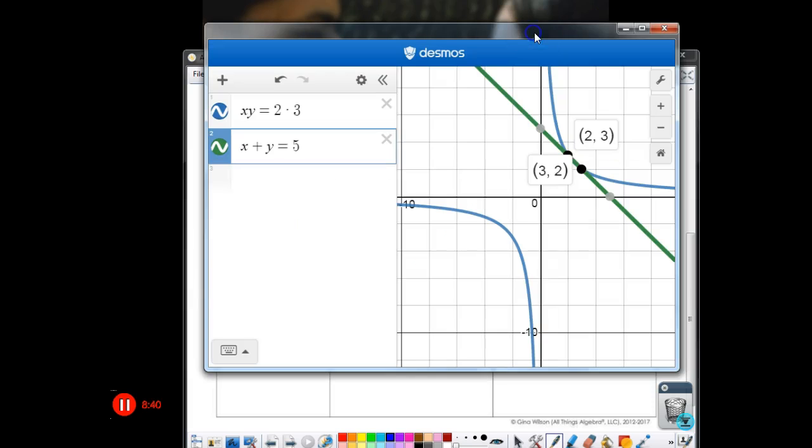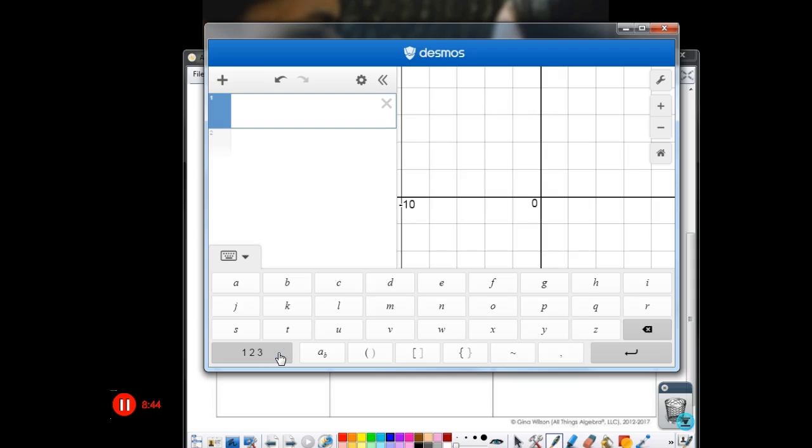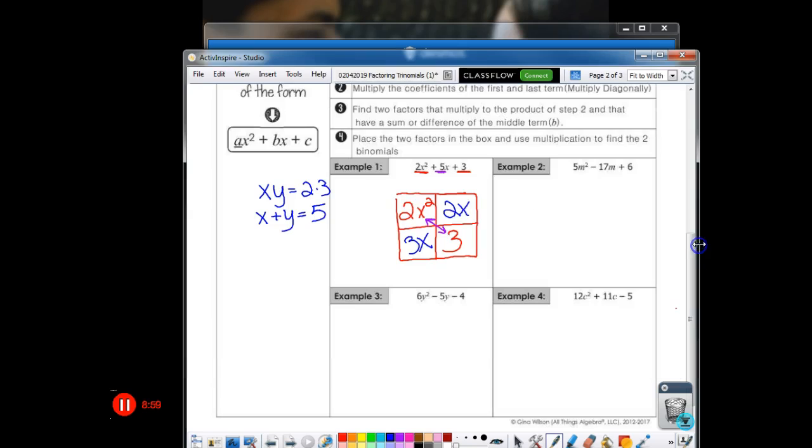So the GCF of 2 and 2 is 2, right? 2 and 2 is 2, and then 2 and 3 is 1, okay? So we got 2 and 2 was 2, and 2 and 3 was 1. So this is going to be the 1x, and this is going to be the 2x.